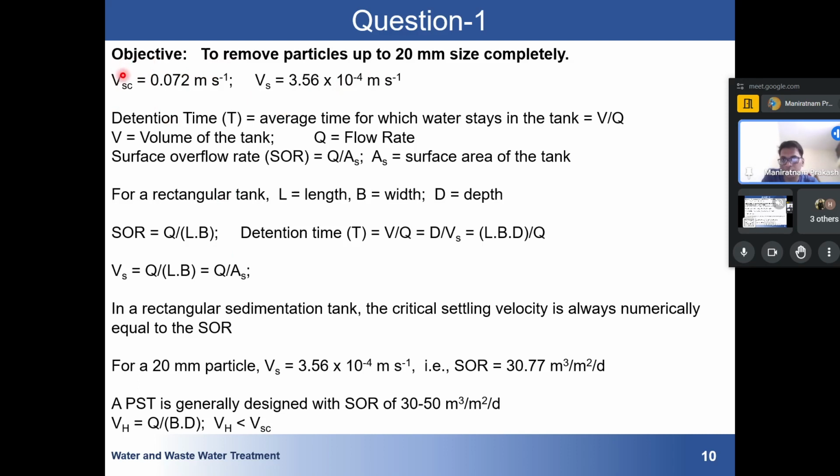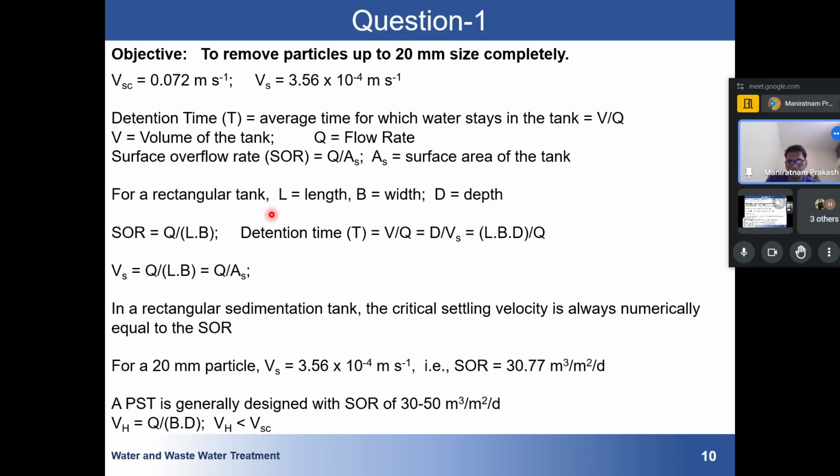The scouring velocity makes sure that all the particles which settle down in your system remain in the system and don't go further, and the settling velocity makes sure that all the particles get settled in your system. It is calculated with the help of the formula which I discussed earlier, and it depends upon the length and width of our settling zone, while the horizontal velocity depends upon the width and depth of our system.